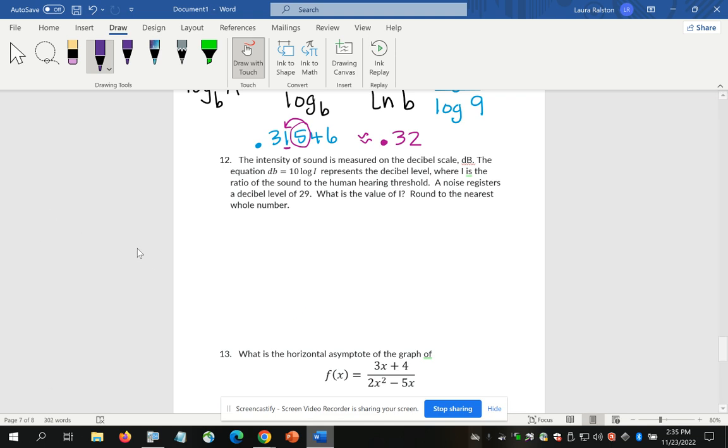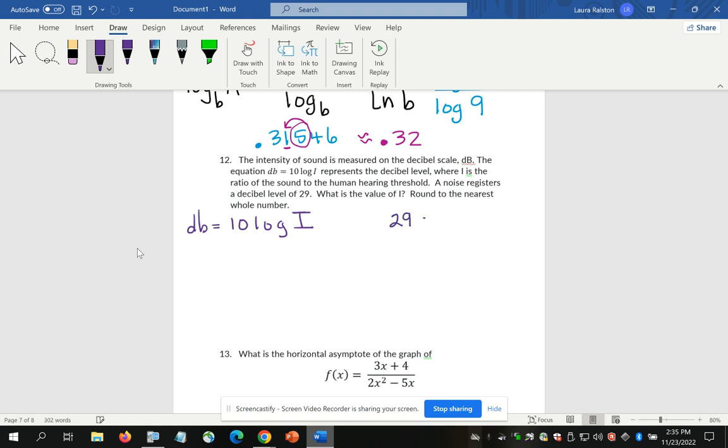So this is an application of exponentials and logarithms. They give you the formula that the decibel level is 10 times the log of the intensity. And they tell you that the decibel level is 29.